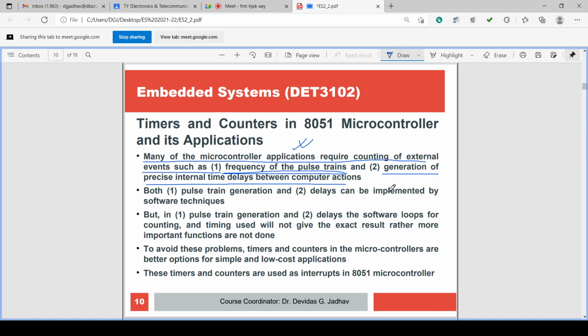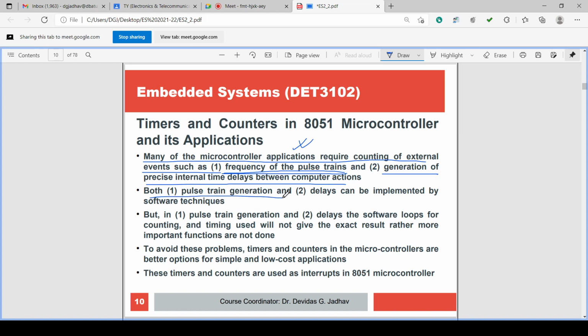So generation of a precise internal time delay between various computer actions is required. Accurate delay is needed, and in that case hardware is used. Microcontroller applications require hardware counting and timing for external events.